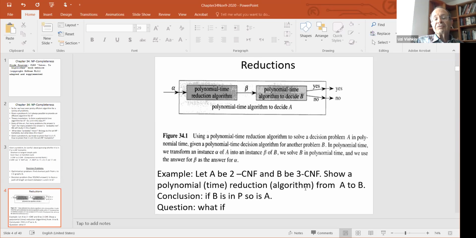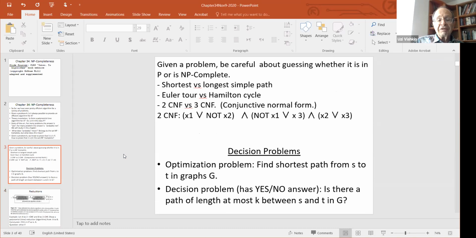How will the reduction be? So what is the situation with every input to 2 CNF? Each clause has 2 literals, right? So now let's assume that I'm going to do the following stupid thing, which is to look at the second literal and include it twice. So instead of having x1 or not x2, I now have x1 or not x2 or not x2.